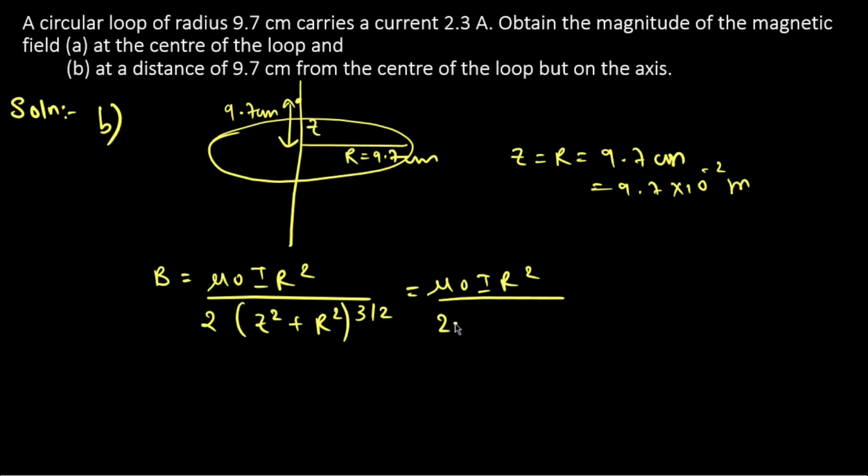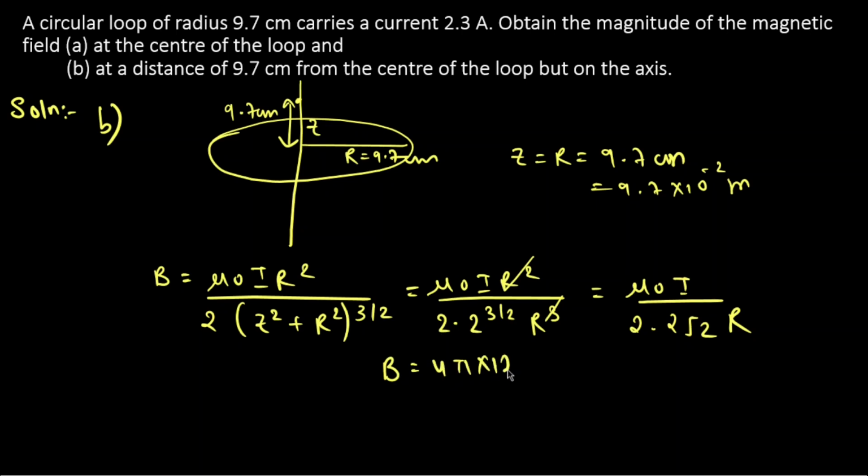So 2 into 2 to the power 3 by 2 into r cube. So r square and r cube get cancelled. We have mu naught I divided by 2 raised to 3 by 2, which can be written as 2 into root 2, into r.